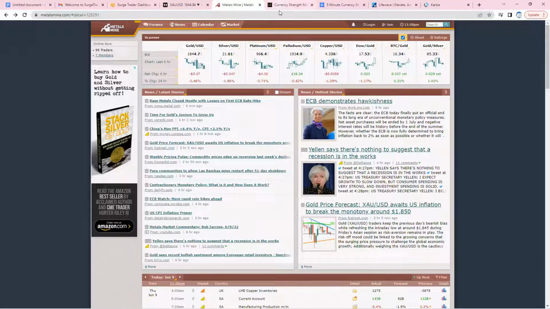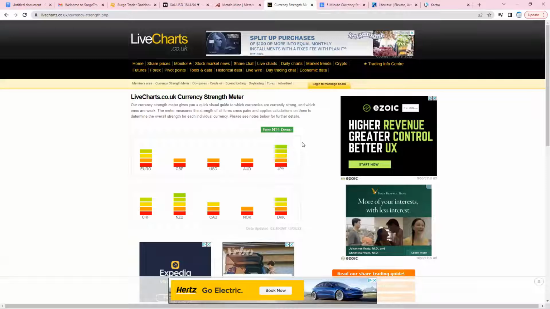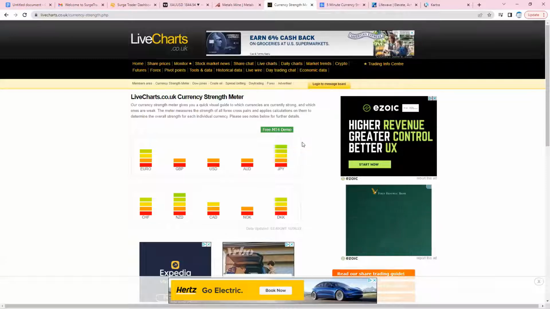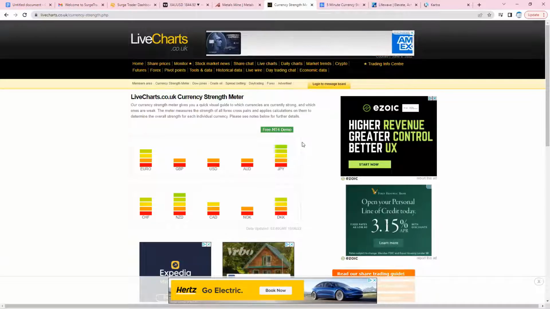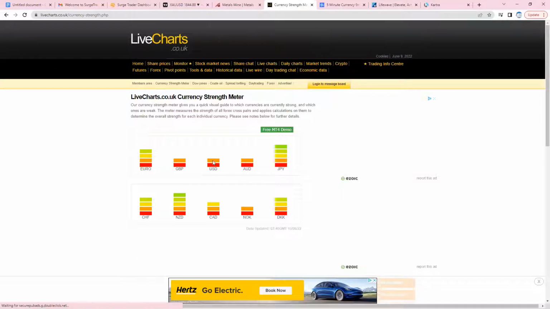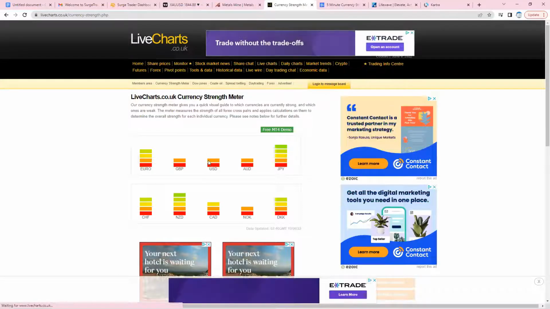Now we want to look at the currency strength, because like I taught you guys yesterday in the videos in the back office on the basics of gold, USD and gold have an inverse relationship. That means when USD is strong, gold is weak. When USD is weak like this right here, gold is strong.